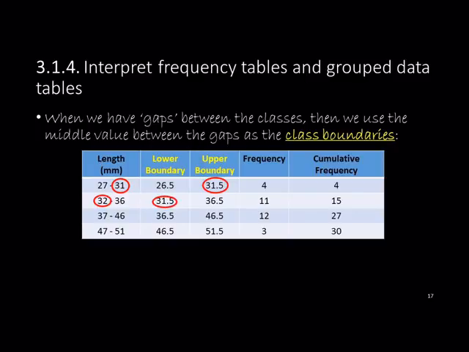And similarly, the gap between 36 and 37, halfway, is 36.5. So we'll use 36.5 as the upper boundary for the second class and 36.5 as the lower boundary for the third class. And you can see we have 46.5 calculated in the same way.